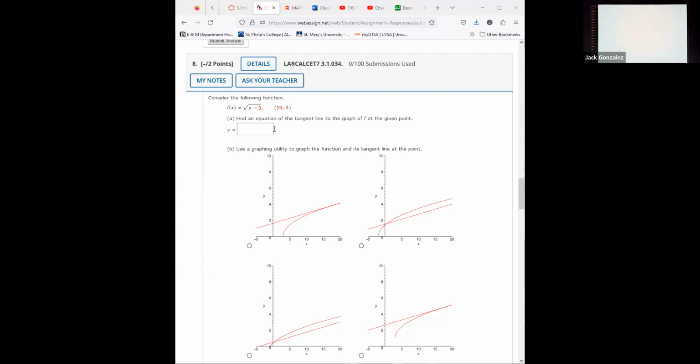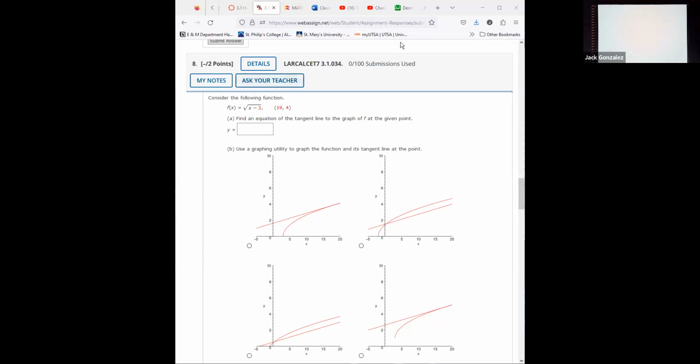Number 8. So here they want us to find the equation of the tangent line of the graph of f at the given point. So basically we find the derivative, we plug in this x, that will give us the slope. Once you have the slope, you can find the equation of the line, right?